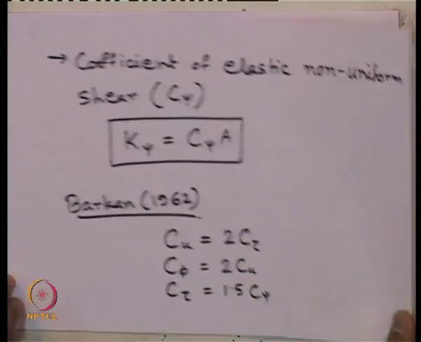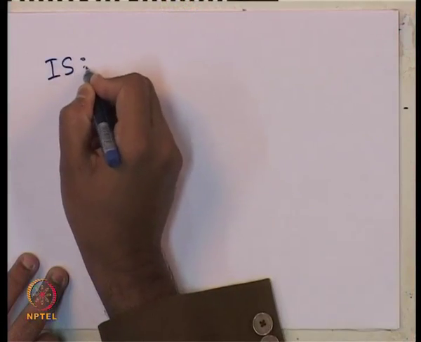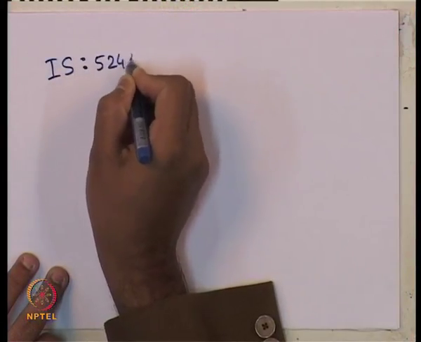This is the way we calculate generally all these coefficients, and then from these coefficients we will get the spring constant in our analysis using the MSD model, because in the MSD model we must know the spring constant, then only we can proceed further. What does our IS code, IS 5249, say?